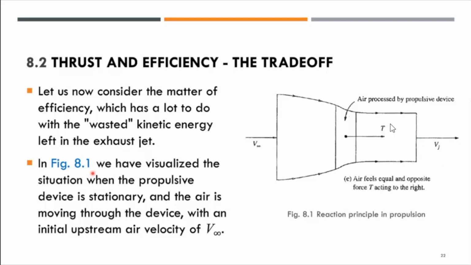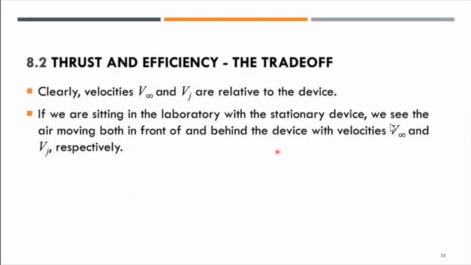In figure 8.1, we have visualized the situation when the propulsive device is stationary, the air is moving through the device with an initial upstream air velocity v infinity. Clearly, velocities v free stream and jet velocity are relative to the device.